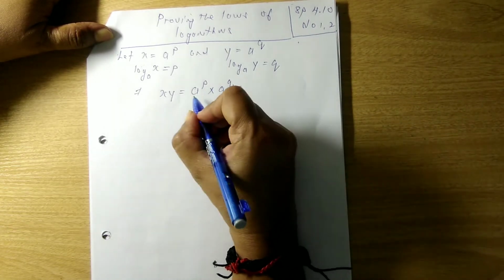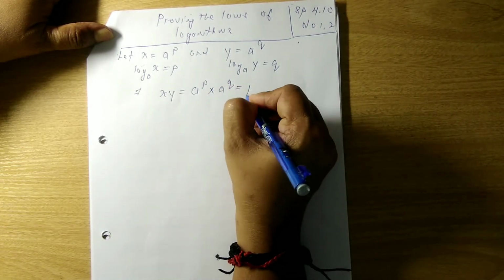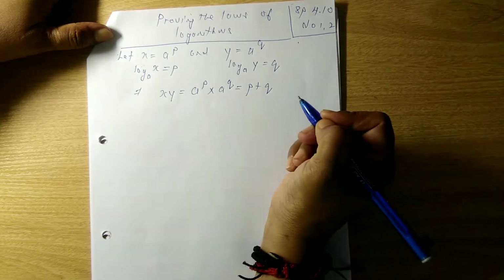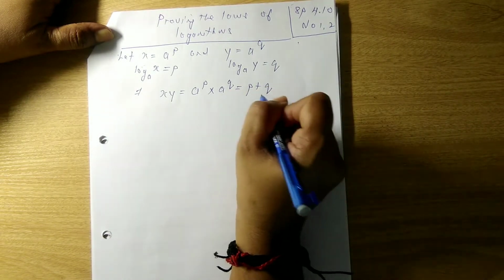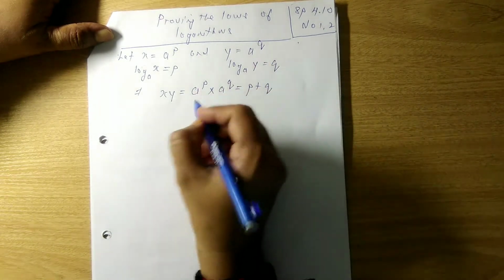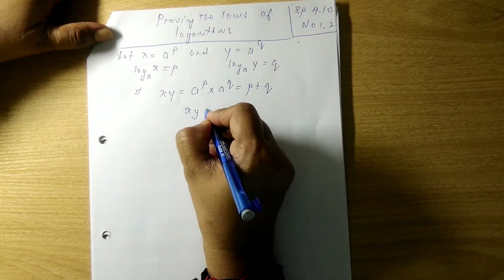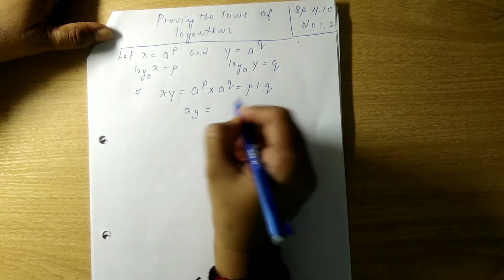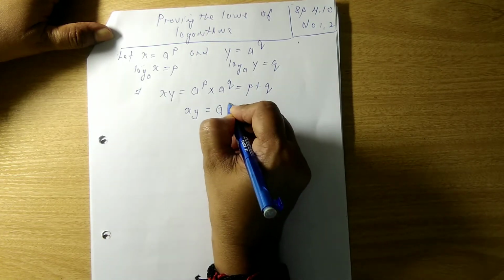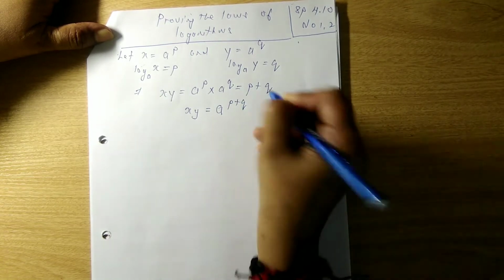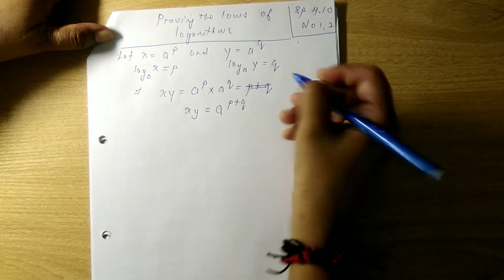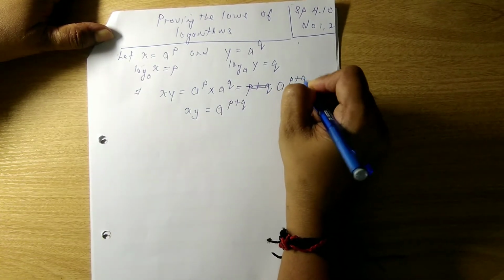Since the base is the same, this is our law that says when the base is the same, we add the index. So xy can be written as a to the power of p plus q.